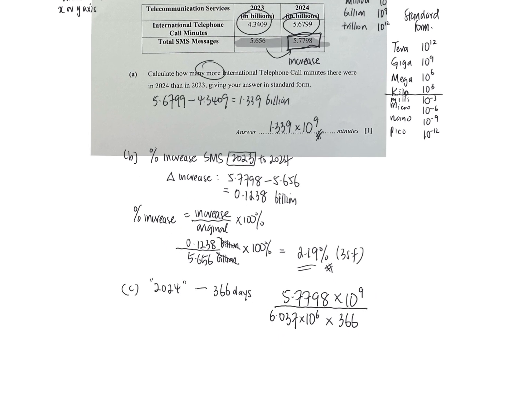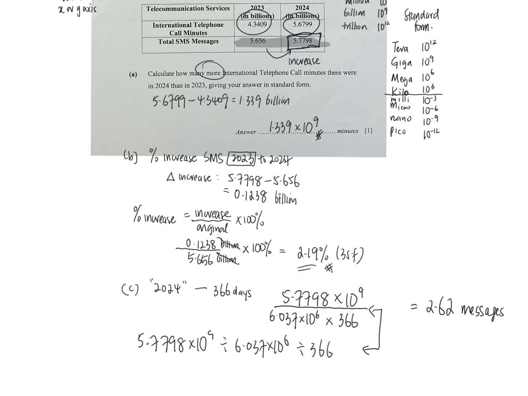If you don't like it written this way, you can write it this way, like what some of you did. You divide it 2 times, which is also correct. These two are the same. Then you press the calculator. Calculator gives you 2.62 messages. Then some of you say, message cannot be 2.62, must round off.